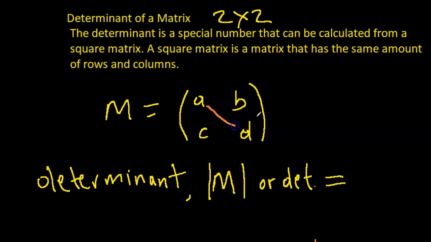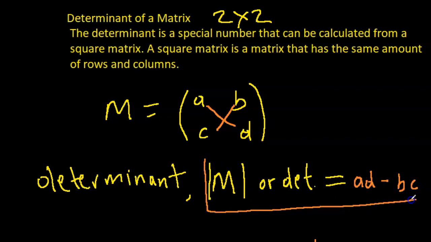So it's A times D, or D times A, minus BC or CB. Alright, so the determinant of A matrix is equal to that. Good. So cross multiply diagonals and subtract, and it's always these two elements first, and then subtract the product of these two elements. So the product of the A and the D minus the product of the B and the C.